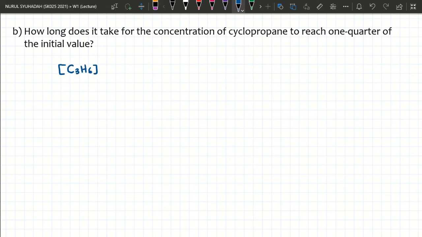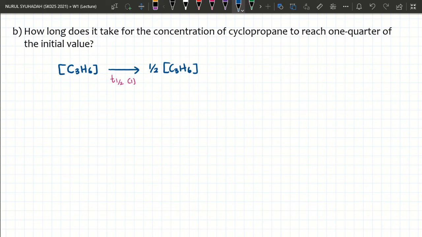This is the initial concentration. Once it undergoes the first half-life, let me label here half-life 1, what happens to the initial concentration? It will become half. So we write down half C3H6. We only have half of the concentration right now.